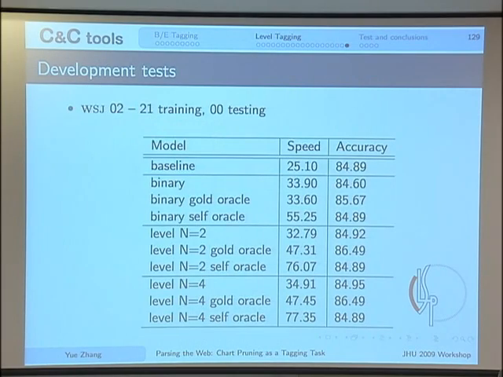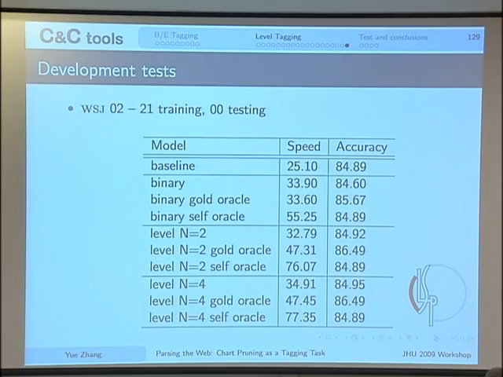Here are some development tests on CCGbank data, where we compare the effect of binary tagging and level tagging with a tag set containing 3 tags, and level tagging with a tag set containing 5 tags.